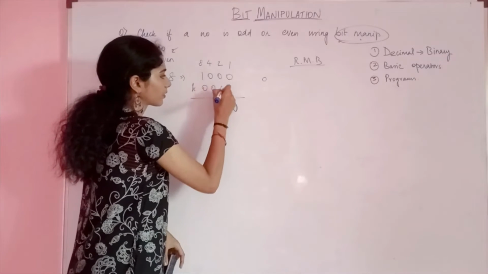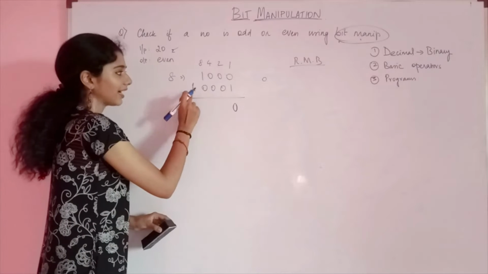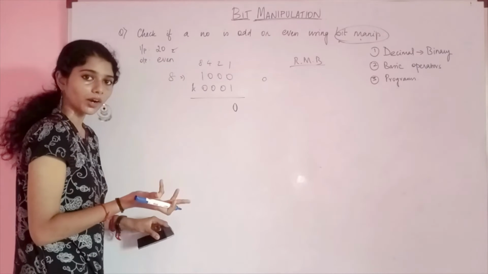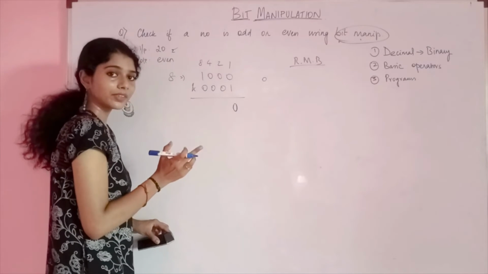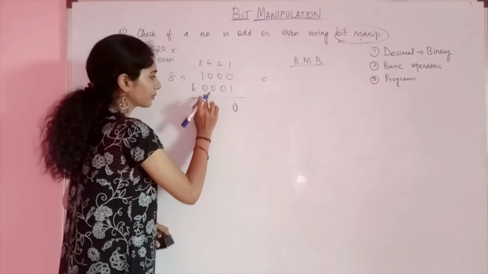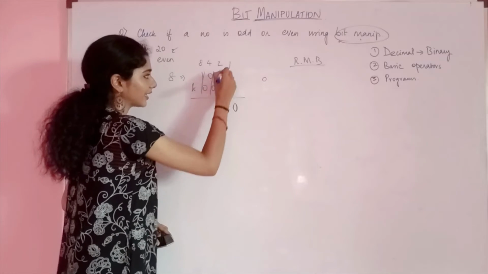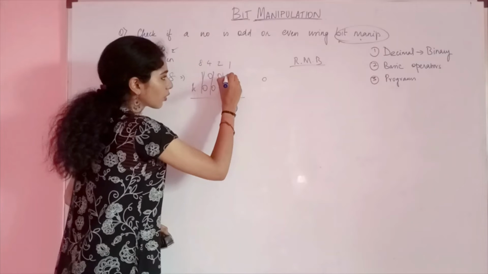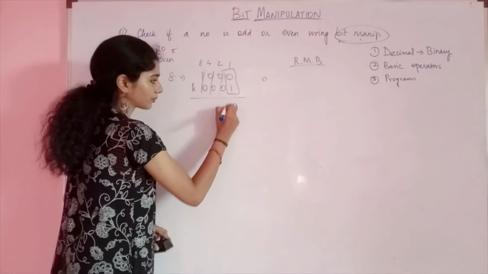Let's see how. AND operator, what do you know? Anything AND with 0 will always be 0. It will only be true if both of these are 1. So no matter what these bits are, I am automatically negating them, and only this bit shall be considered. So 0 and 1 will be 0.